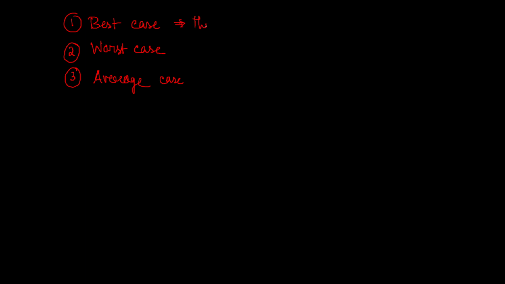Now, what does best case mean? The input combination is best. The way by which you are getting the input is best. Here the input combination is worst, and here the input combination is average. So everything depends on input.